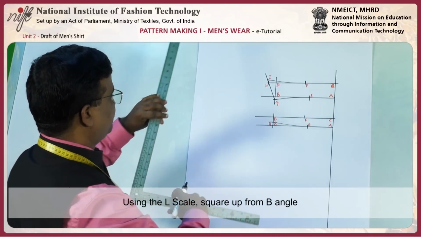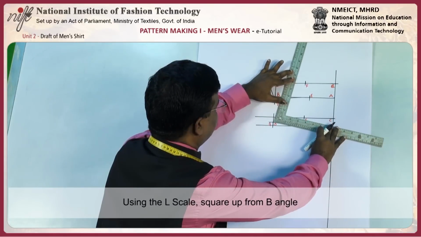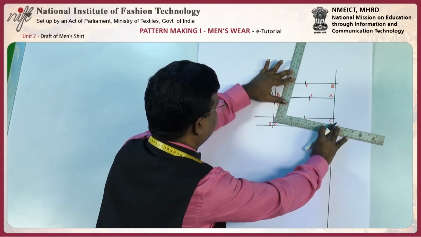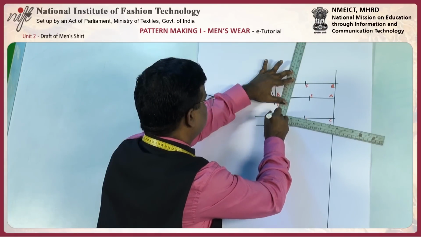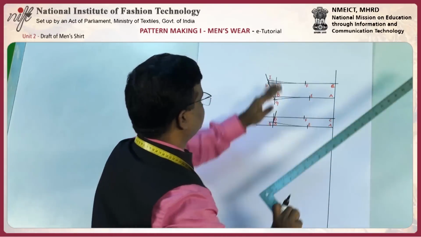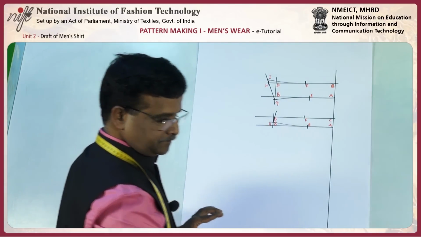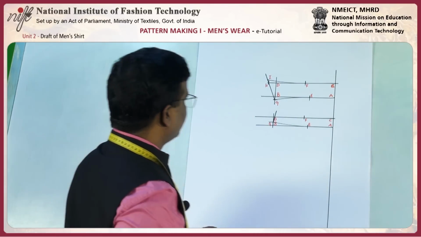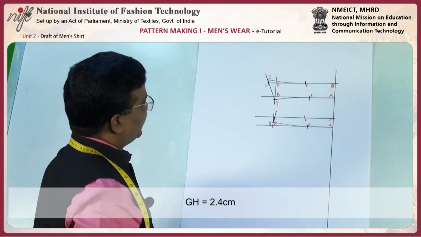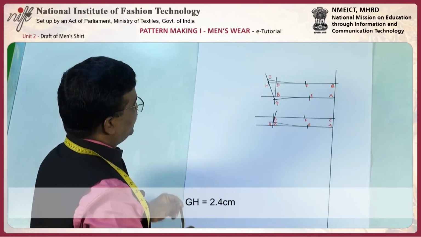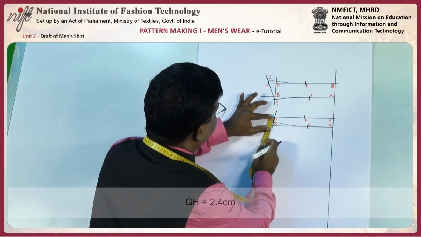Square up from B angle using set square or L scale. G to H 2.4 centimeter.